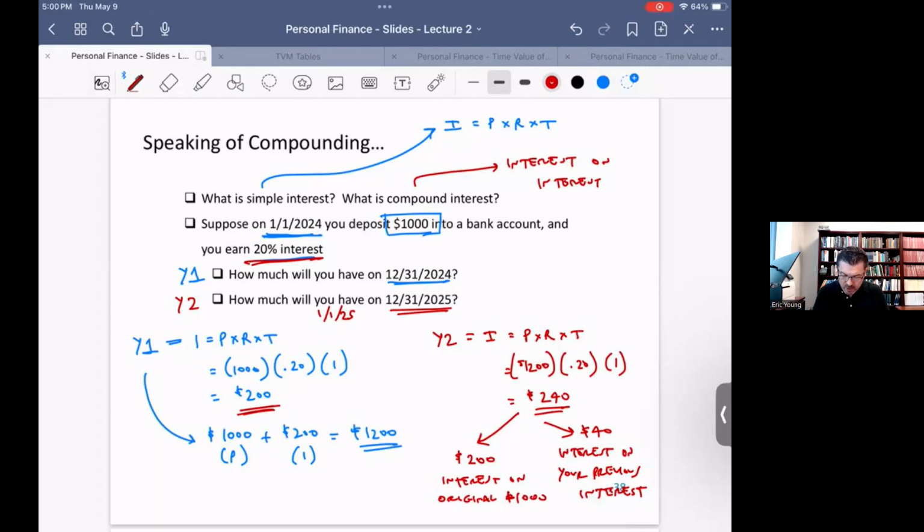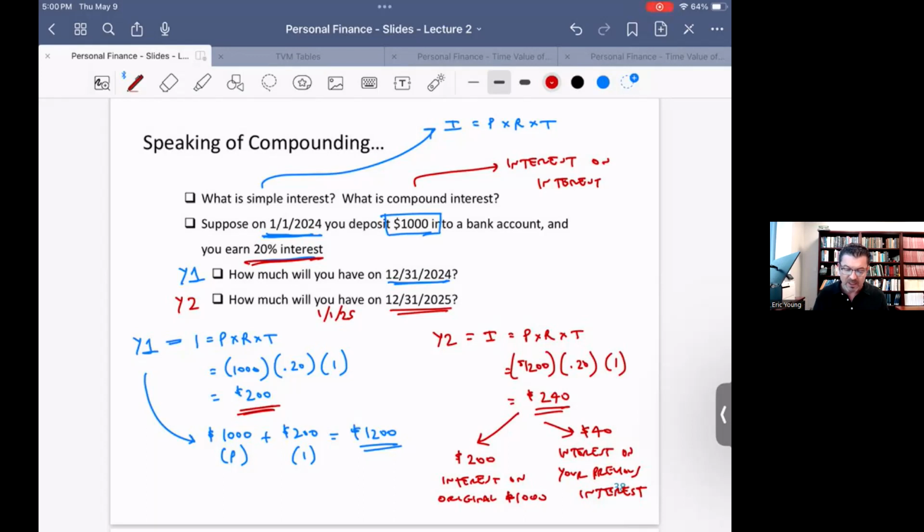At a certain point, if you were to run this example for year 3, year 4, year 5, etc., you would find that every year you're making more and more money on previous interest. It happens to be the case that more often than not, for most investors, you earn more interest in growth on your previous interest in growth than on your original amount put in. Okay, we call this the miracle of compound growth.